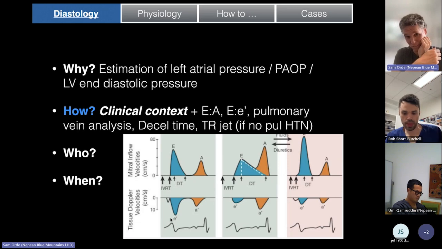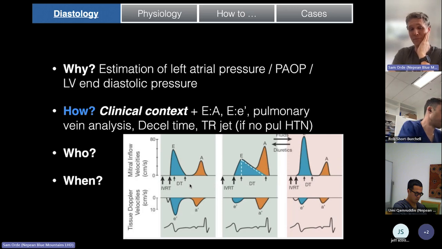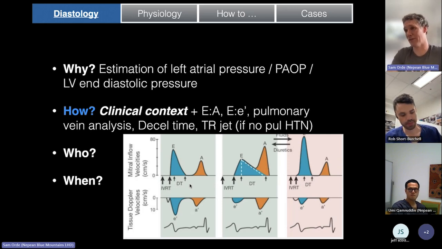We can look at our pulmonary veins, which I love looking at because you can't really fake it if they're abnormal. We can look at our decel time, which is the slope of that E wave. And we can look at our TR jet, particularly if that's greater than 2.8 meters per second, in the absence of pulmonary hypertension.